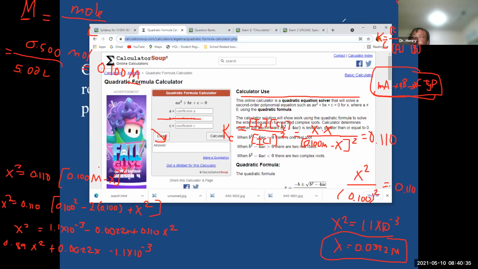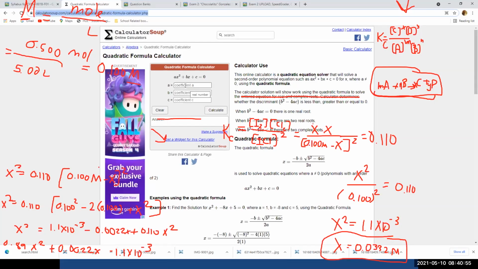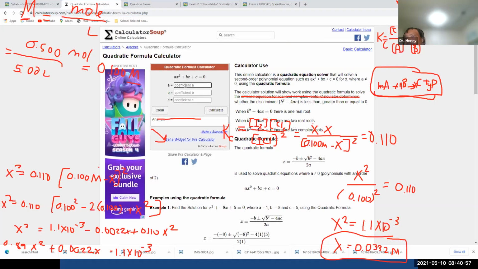So we have it set up as a quadratic equation, a second order polynomial, so that we can use the quadratic equation to solve it. You guys see the little site that I put in the chat box? Yeah, the webpage. Okay, so we just put in the coefficients.